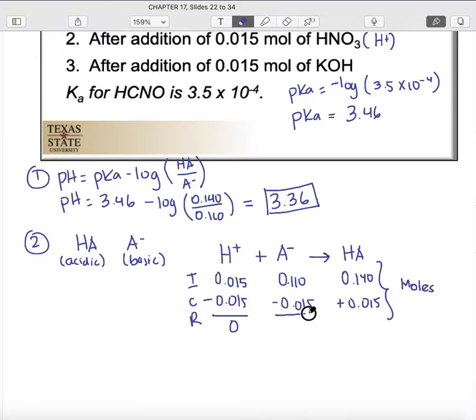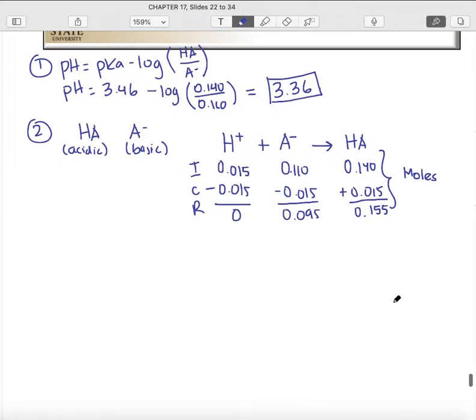And for this guy right here, the new number is going to be 0.095. And for my weak acid, the end result is going to be 0.155.